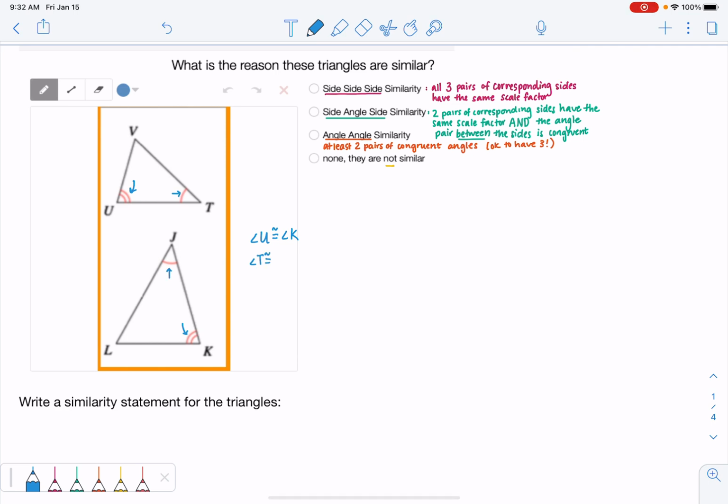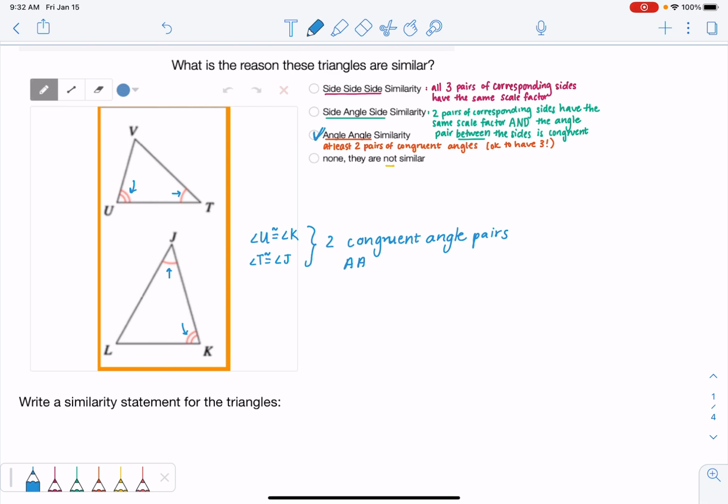Angle T is congruent to angle J. So we have two congruent angle pairs. So we have angle, angle similarity. I'll just give it a check mark.